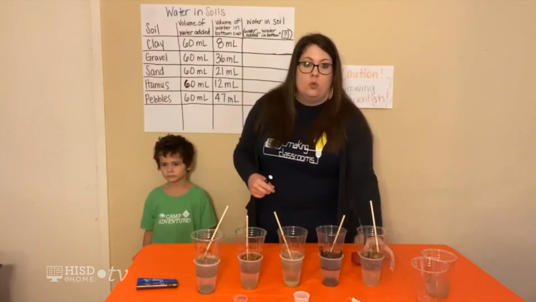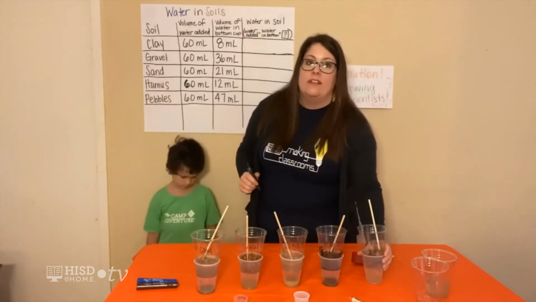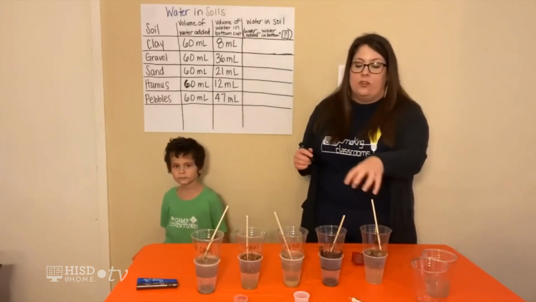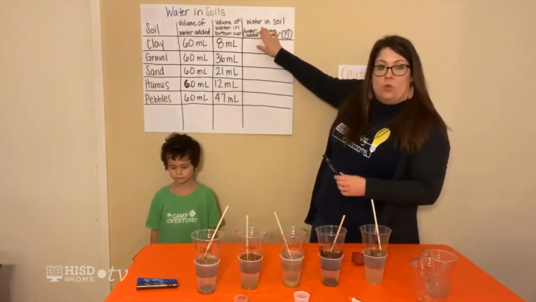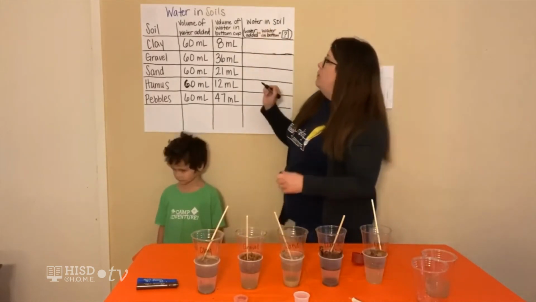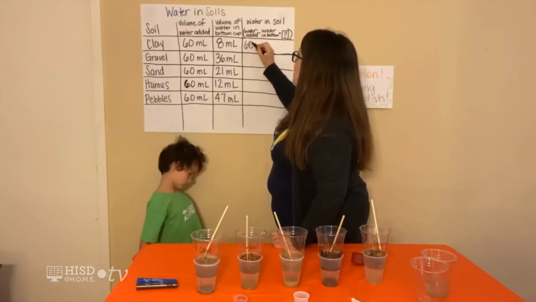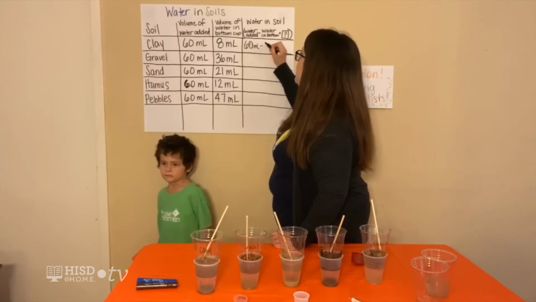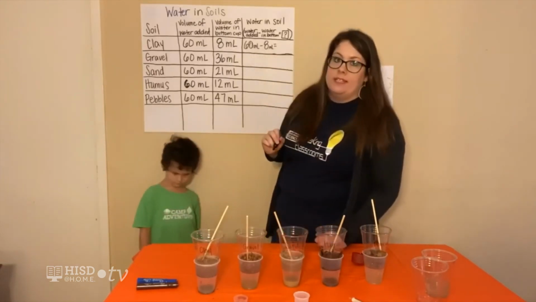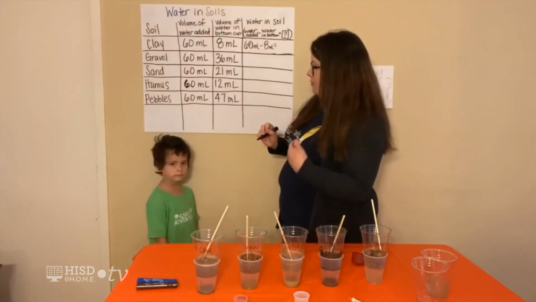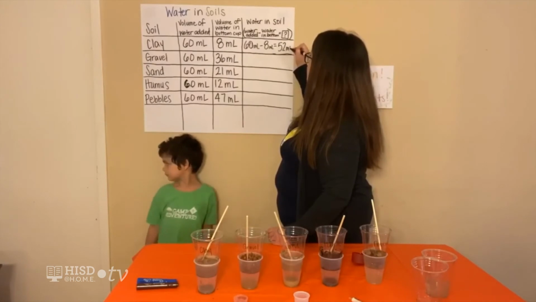And we're going to subtract how much water we found at the bottom, and that's what's going to tell us how much water is still sitting in each soil. So the water that's in the soil. So if I do my math here really quick, I have 60 milliliters minus 8 milliliters. 60 minus 8, if I go back from 68, I get 52 milliliters, right?